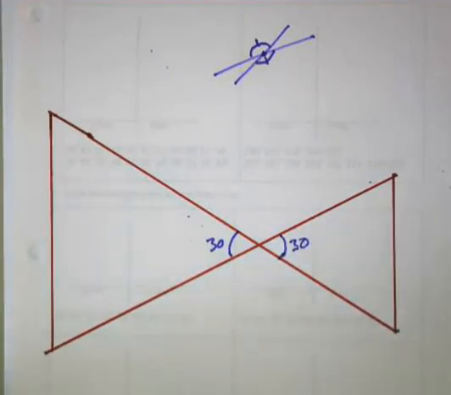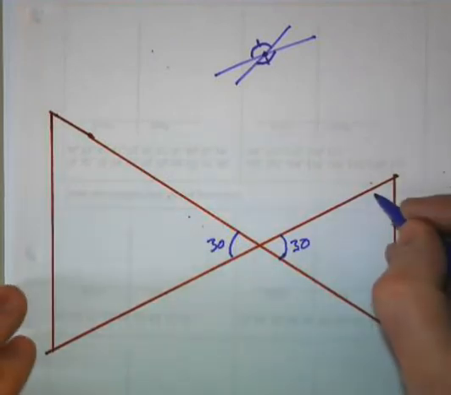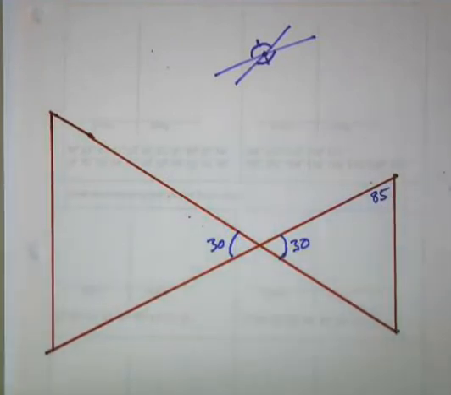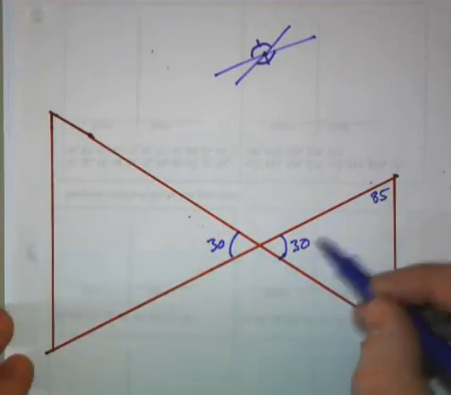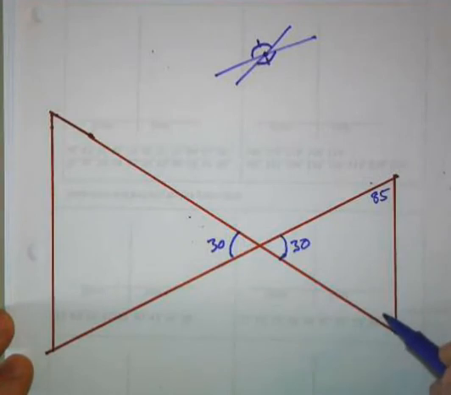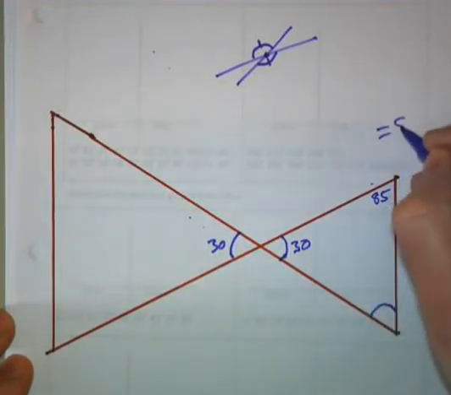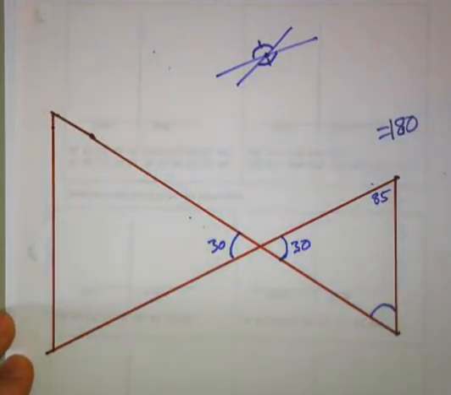And then in order to find the interior angles of all these triangles, all we need is one more angle. So if we call this 85, we know that the three interior, meaning inside, angles must add up to 180.